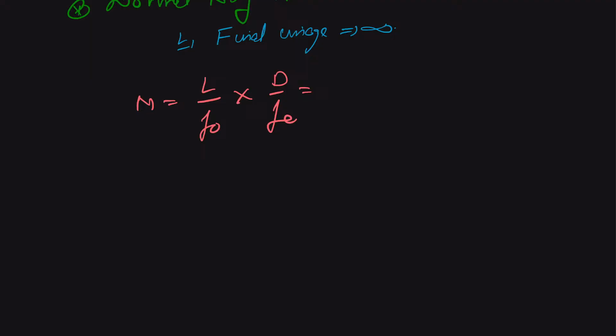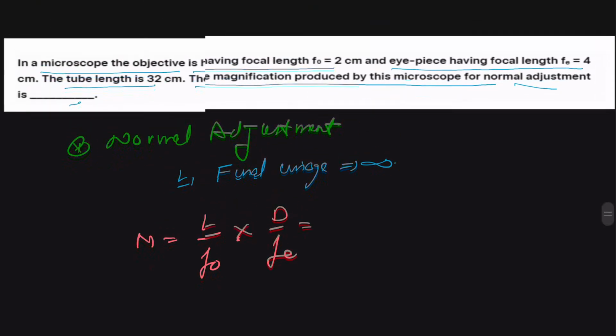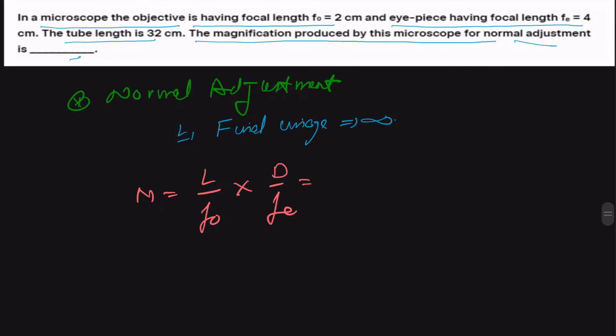But we can just simply substitute the values. The tube length is given as 32, the focal length of the objective as 2, D is the least distance of distinct vision, that is 25, and the eyepiece is given as 4.